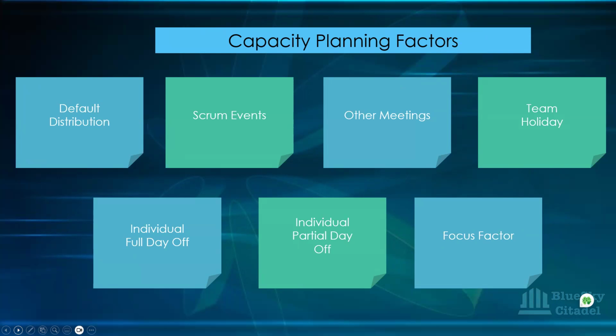So some of the factors, the first one is the default distribution. The default distribution is just the standard hours that a person is expected to work as an employee in an organization. So when you resume work at 9 a.m. and you finish by 5 p.m., that makes a total of 8 hours. If you remove maybe your 1 hour break and all that, that makes a total of 7 hours, isn't it?